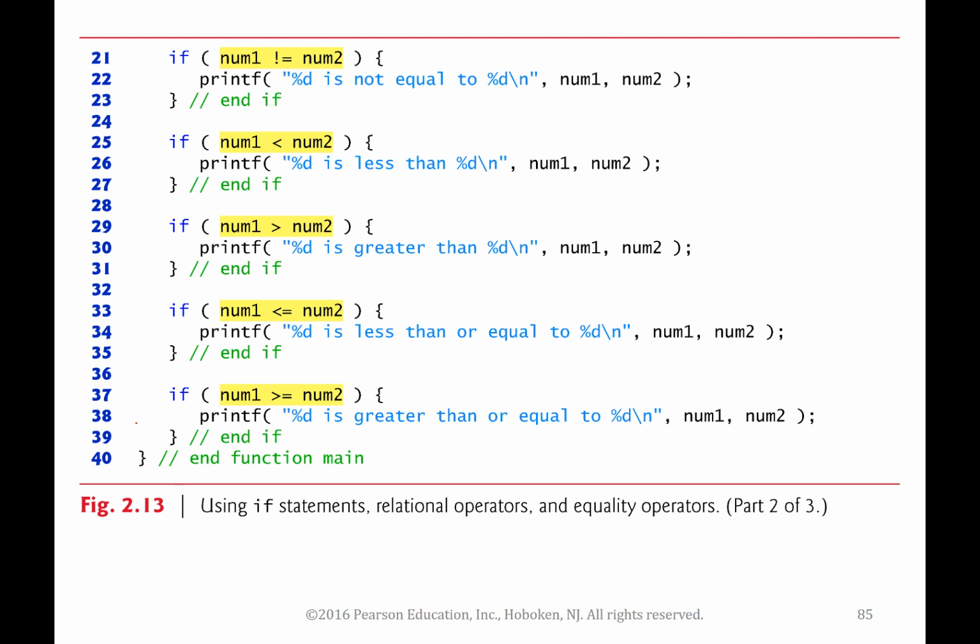Then we repeat this. If num1 is not equal to num2, we do our printf again. If num1 is less than num2, we do our printf. If num1 is greater than num2, we do our printf. If it's less than or equal to, we do our printf. And if it's greater than or equal to, we do our printf.